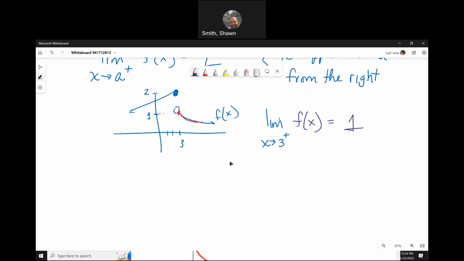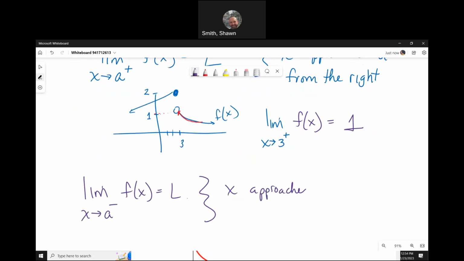Now, if I want to note it coming from the left, the limit as x approaches a from the left, you put a little minus there, of f of x equals L. This is x approaches a from the left. This is a left-sided limit.